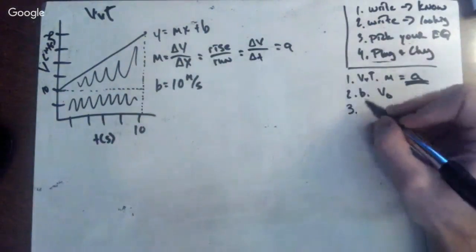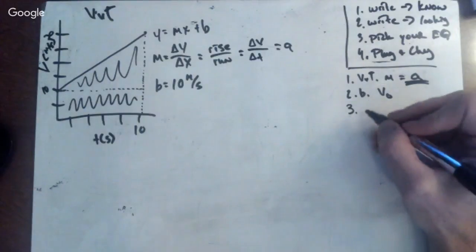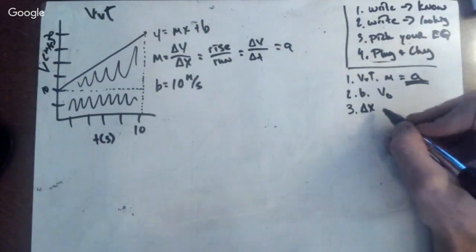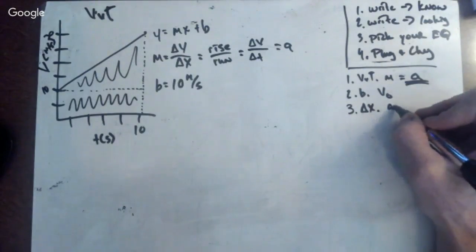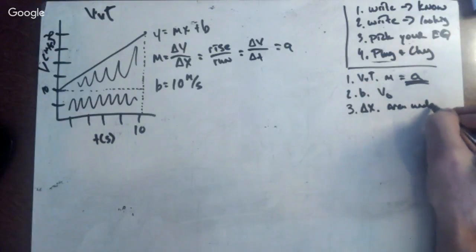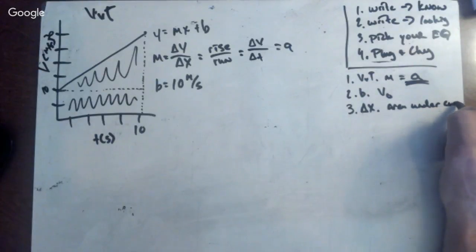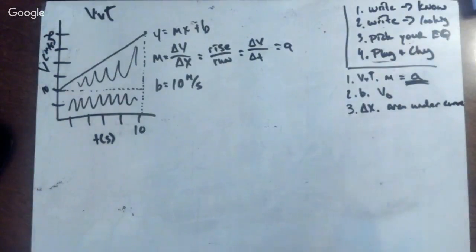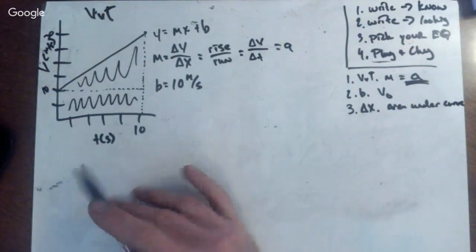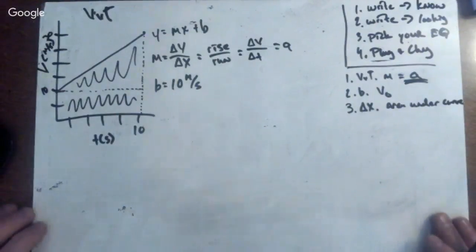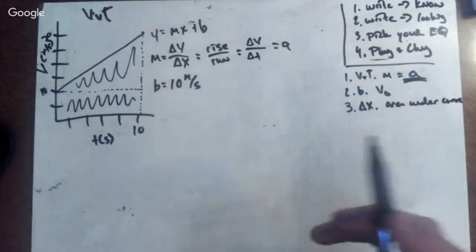Okay, so in a velocity versus time graph, our change in position is equal to the area under the curve. Okay, area under the curve. So let's go ahead and calculate that after we finish up our y equals mx plus b.